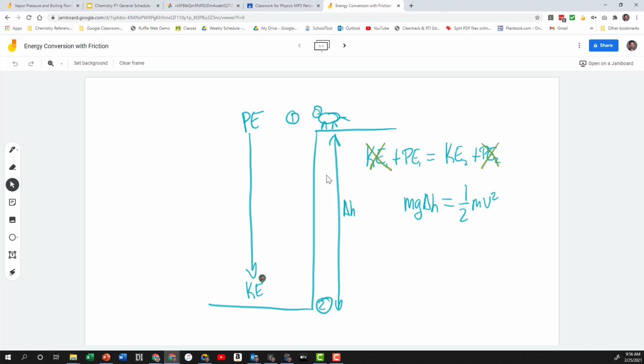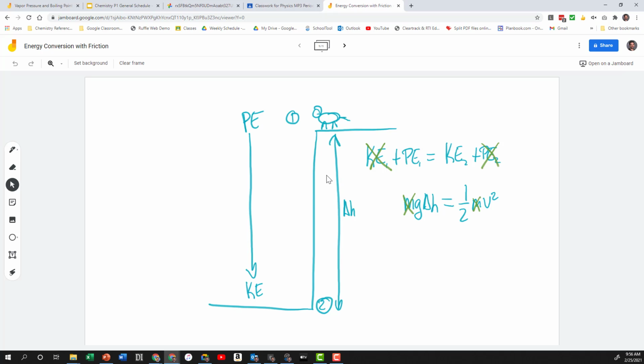So you could find out how fast the cow was moving when it hit the ground, or hit the car actually, because the mass cancels out and all you have left are the height in meters, little g from the reference table, 9.81 meters per second squared, and you can solve for v. Any questions? Pretty straightforward, right? So that's converting from a potential energy into a kinetic energy.